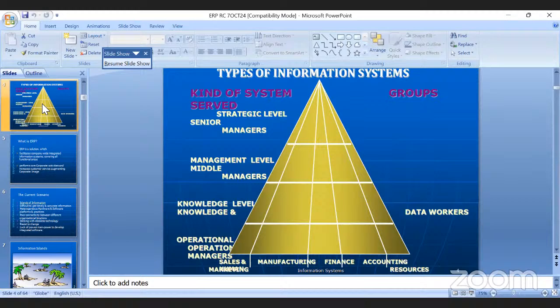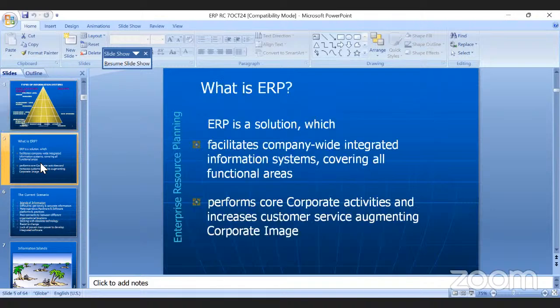What is entered in the sales department, you have the rights to see the message or not see the message, and you can set the rights so it can be visible across the organization, company-wide, covering all functional areas. It performs corporate activities and increases customer service. All these are the benefits.